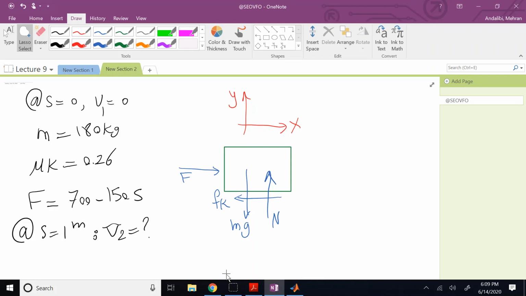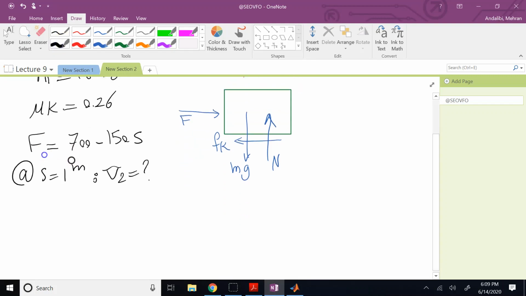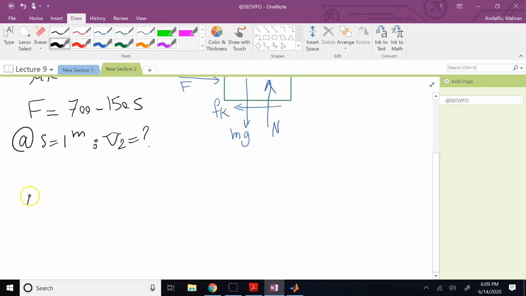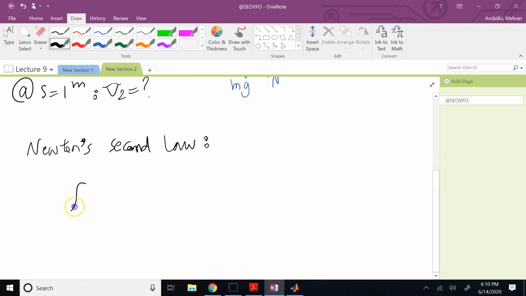Before I do work energy, I would like to do the Newton method. So let's do it. So in the Newton method, we have sum of the forces in the x direction is equal to m a_x, and sum of the forces in the y direction is m a_y.